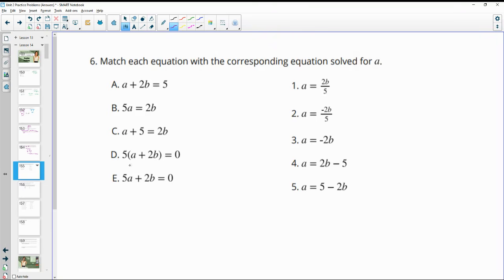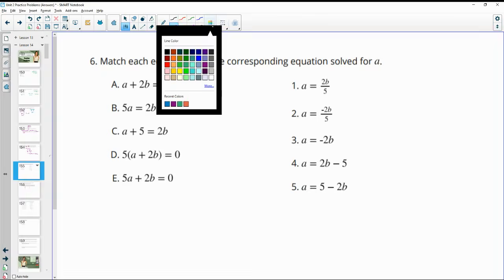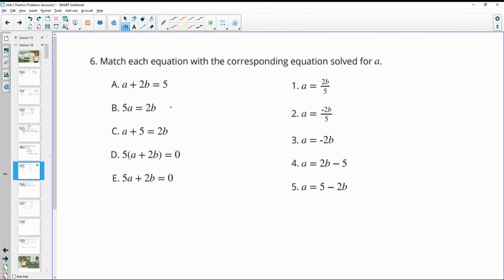Number 6, match each equation with its corresponding equation solved for a. So now we need to solve all of these for a. And so you maybe want to look for some that feel like they'd be quick, because then you isolate out some of the answers and you simplify your choices. So like part B, we just need to divide by 5.